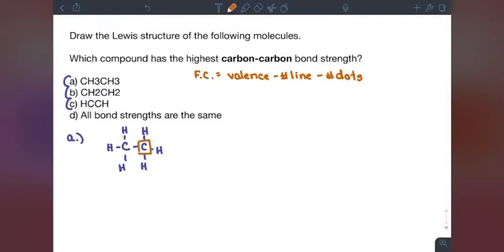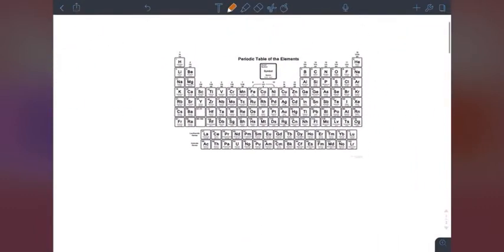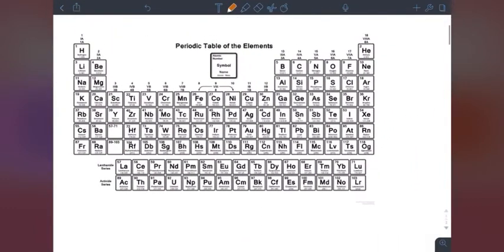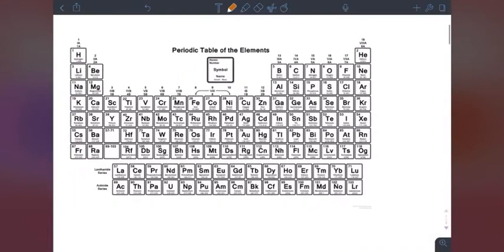The formal charge of carbon here: the number of valence electrons of carbon, if you look at our periodic table, is 4.